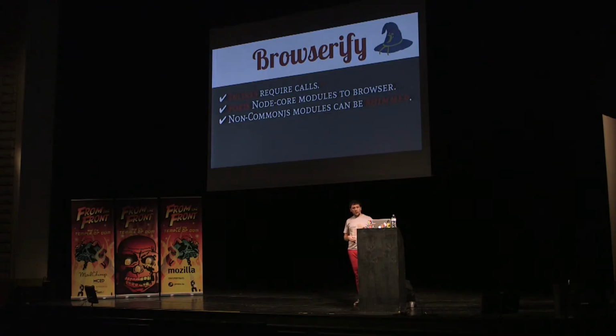It ports Node core modules into the browser, so if you need something from Node core, like the util module, which allows you to do string formatting and some stuff like that, or the URL module, which allows you to parse URLs, or the querystring module, you can use those in the browser without any issues too. And non-CommonJS modules can be shimmed.